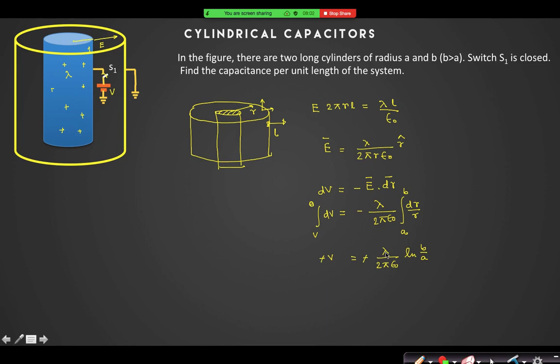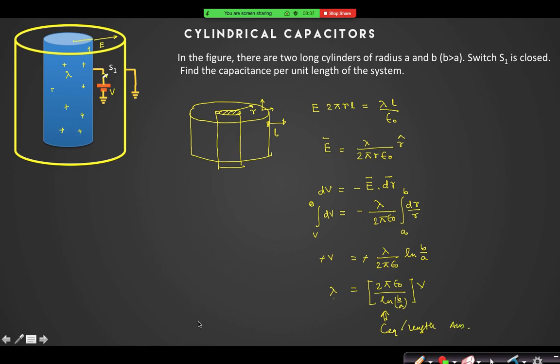Now you can see that lambda is nothing but charge per unit length, and I have to find the capacitance per unit length. So I can say that lambda is equal to 2 pi epsilon naught divided by ln B by A into V, right? So Q equal to CV equation I can use here, where for Q I have used the charge per unit length. So C I will get, this is nothing but the answer for C equivalent per unit length. That is the answer for this question.